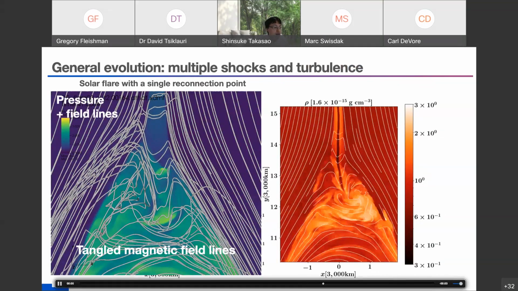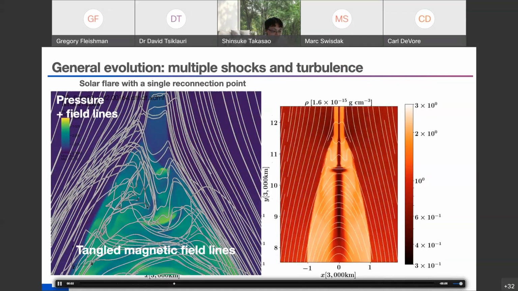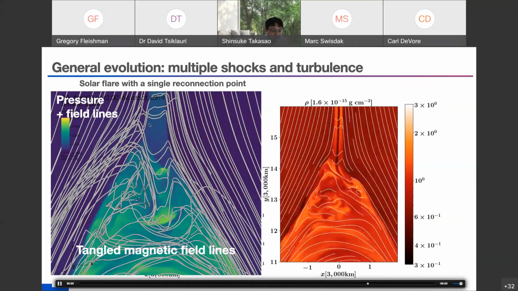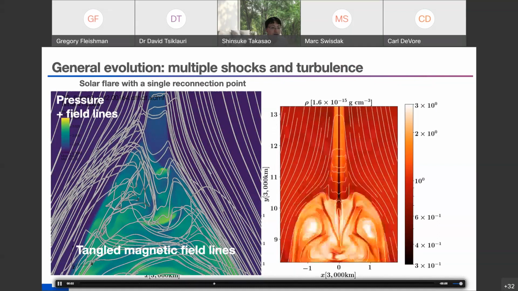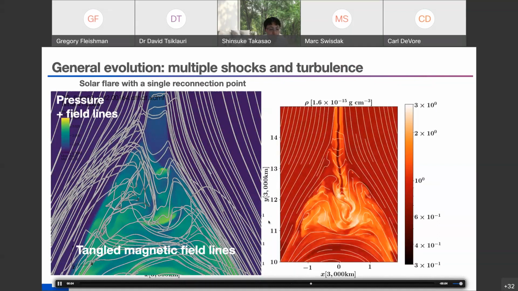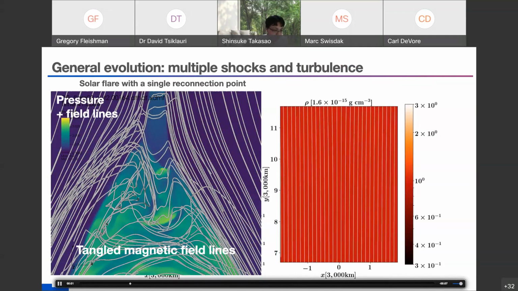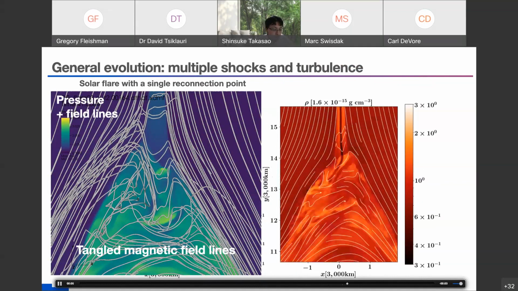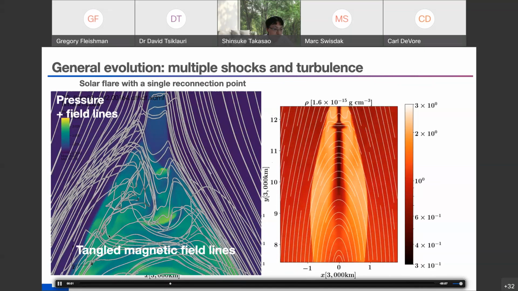So this image shows the 3D magnetic field structures and the gas pressure in the XY plane. In this simulation, the y-axis shows the vertical direction. This high pressure region represents the above-the-loop-top region.